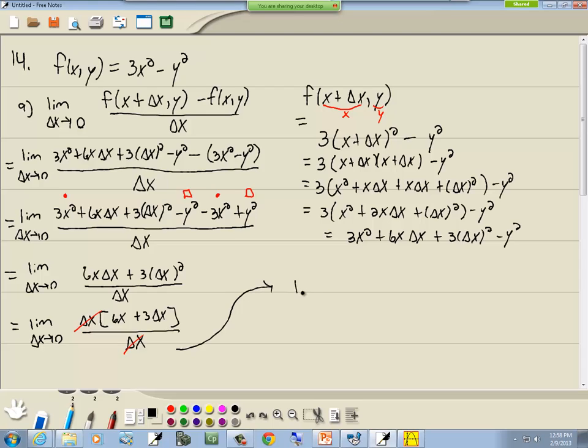So then we're left with the limit as delta x goes to 0 of 6x plus 3 delta x. And we can now plug 0 in for delta x because we don't have delta x in the denominator anymore. So we've got 6x plus 3 times 0, which gives us 6x. And that's our answer.